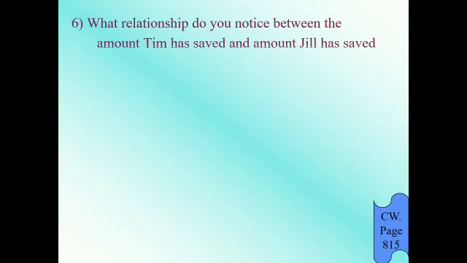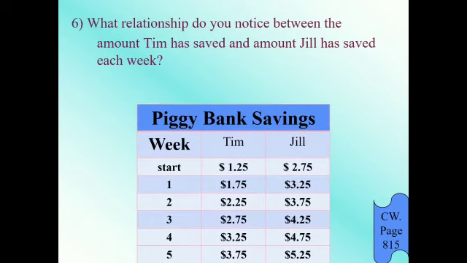Now let's solve one more problem from your classwork, page 815. What relationship do you notice between the amount Tim has saved and Jill has saved each week? Let's look at the table carefully. When I compare, I find Jill has more than Tim each week. First I will figure out how much more she has.